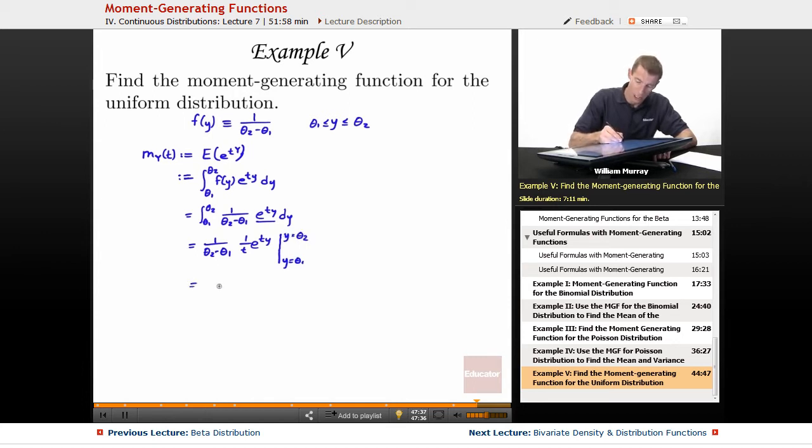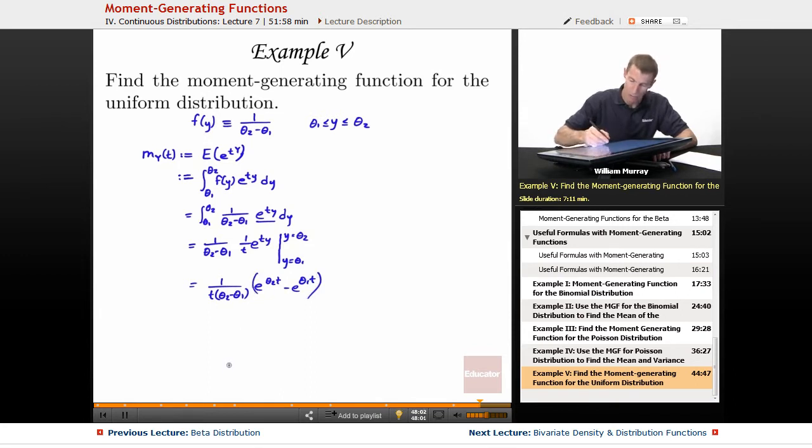So we get 1 over, I'll combine the t and the theta 2 minus theta 1, theta 2 minus theta 1. And now we have e to the, we're plugging in these values for y, so e to the theta 2 times t minus e to the theta 1 times t. I need some parentheses here.